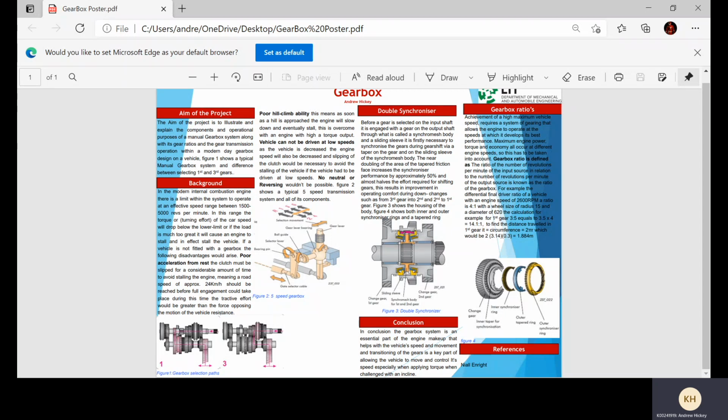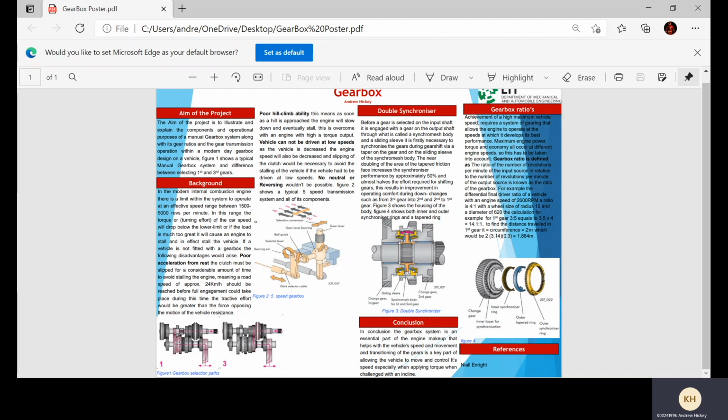As the vehicle speed is decreased, the engine speed will also be decreased, and slipping of the clutch will be necessary to avoid the stalling of the vehicle if the vehicle had to be driven at low speeds. And the last problem would be no neutral or reversing would be possible, because of how the gearbox is laid out.